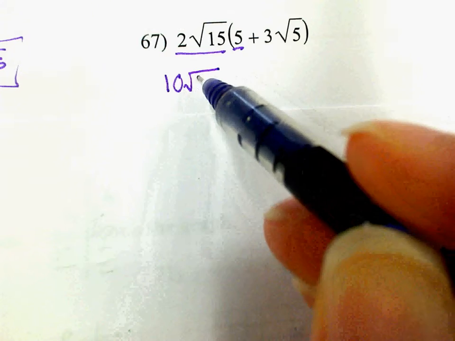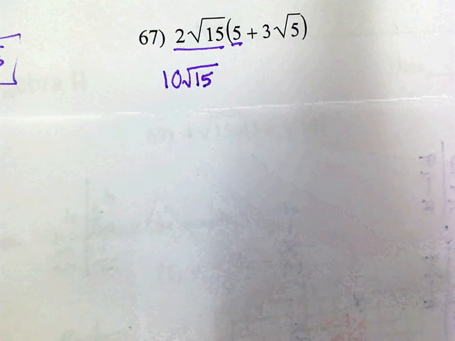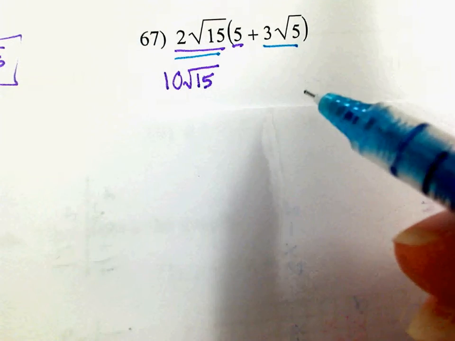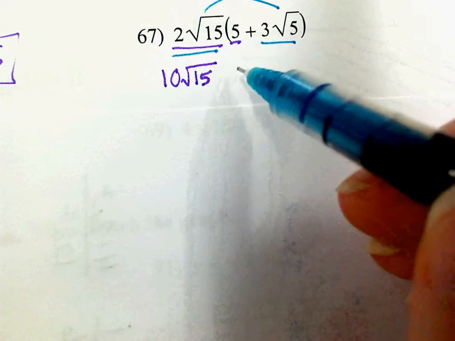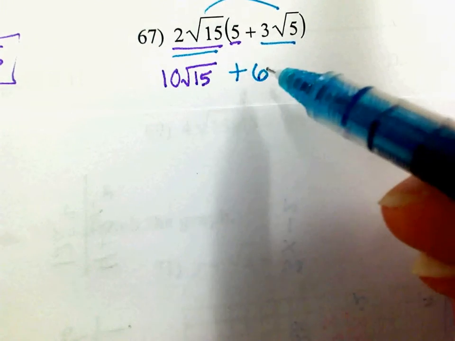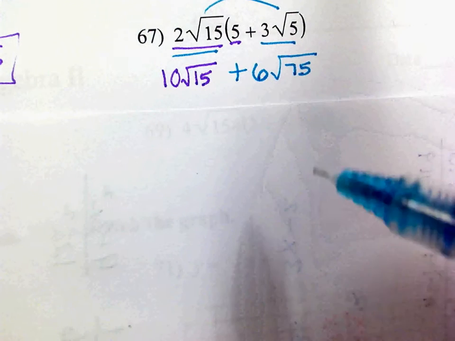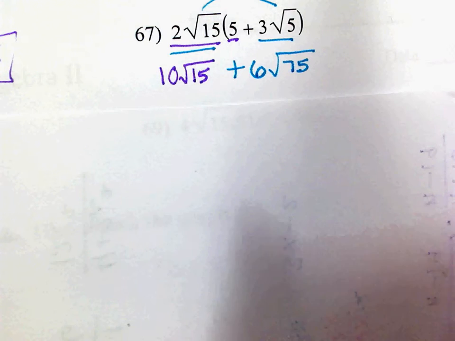Now I multiply what? 2 square roots of 15 times 3 square roots of 5. So when I do this, I've got 2 times 3, which is 6, and then square root of 15 times 5 is square root of 75. Does 75 have a perfect square in it? You sure? The perfect squares are 1, 4, 9, 16, 25.